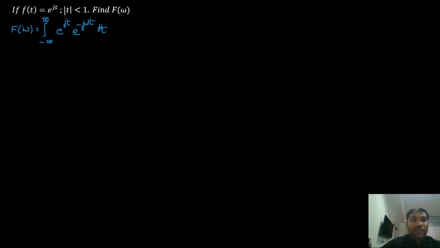Since t here is only in the range of minus 1 to plus 1, I can change my limits from minus infinity to plus infinity to minus 1 to plus 1. I can do that. Now I will integrate this.